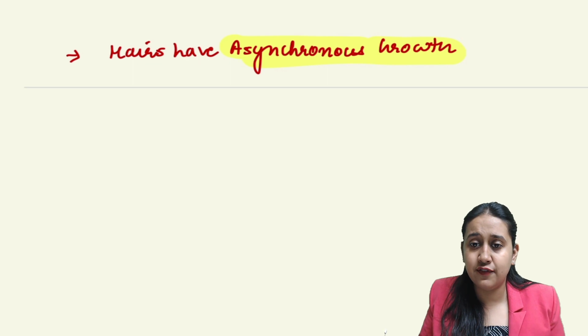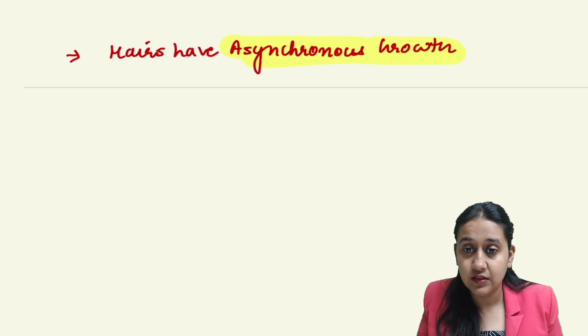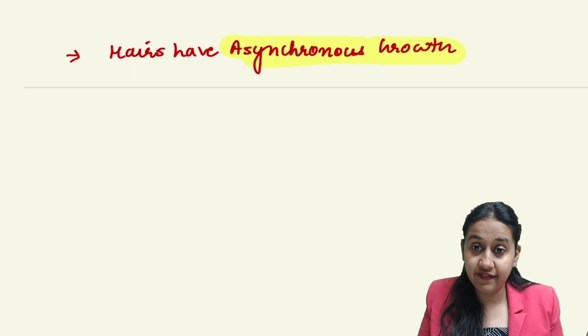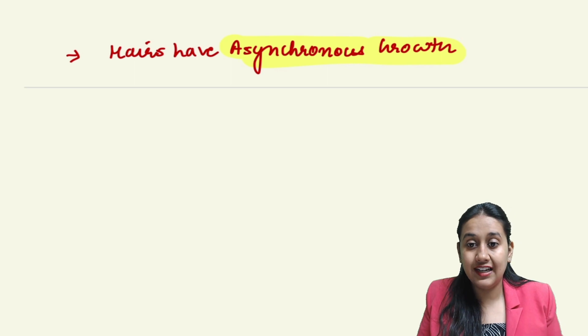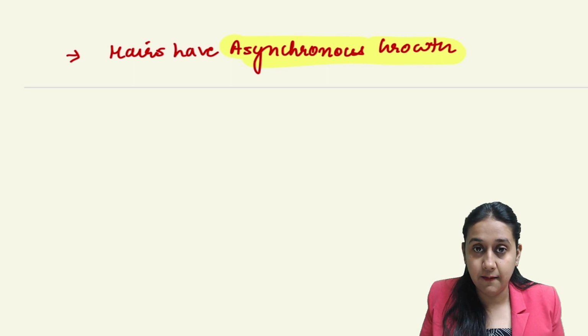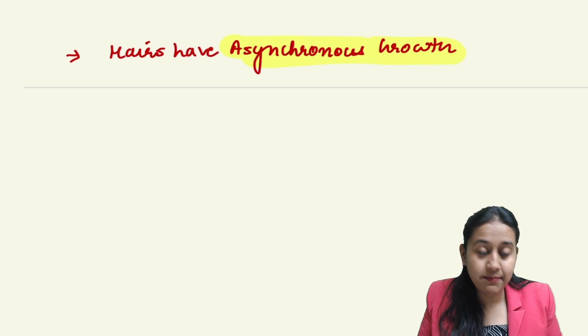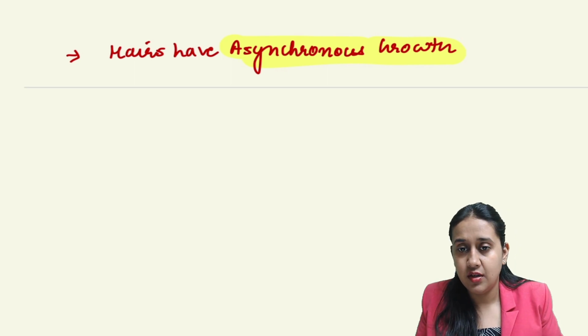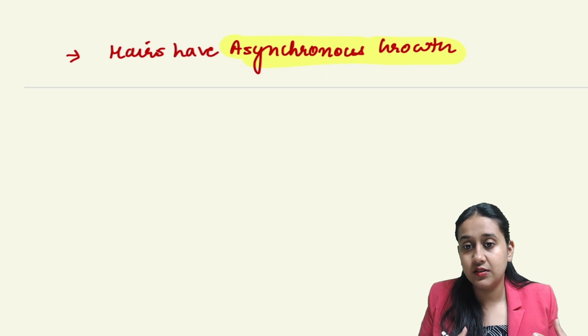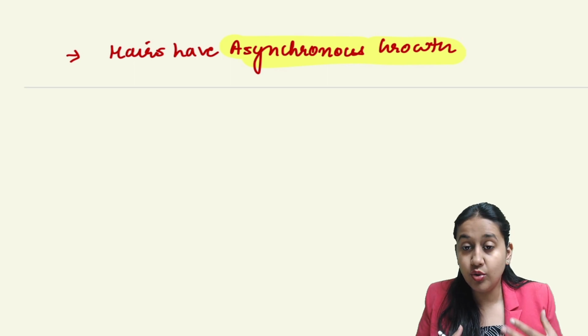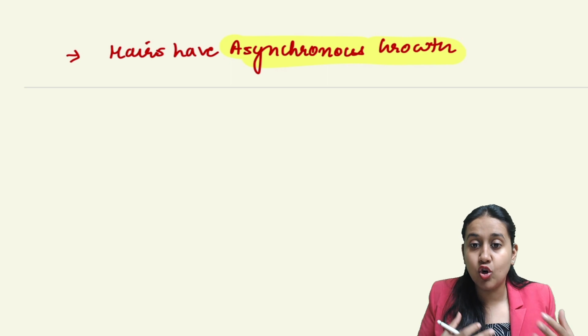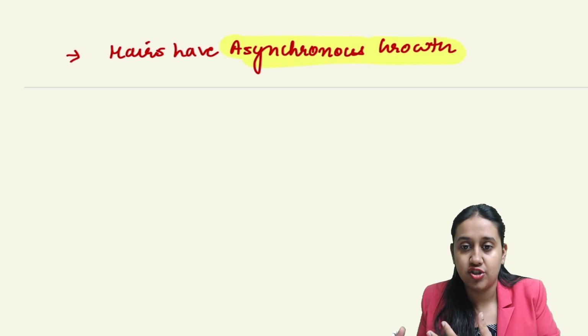In few conditions, for example, acute illnesses like COVID infection, typhoid, malaria, following these infections, there is premature termination of anagen, because obviously when the body is sick, you need more energy to cope up with that infective stage.